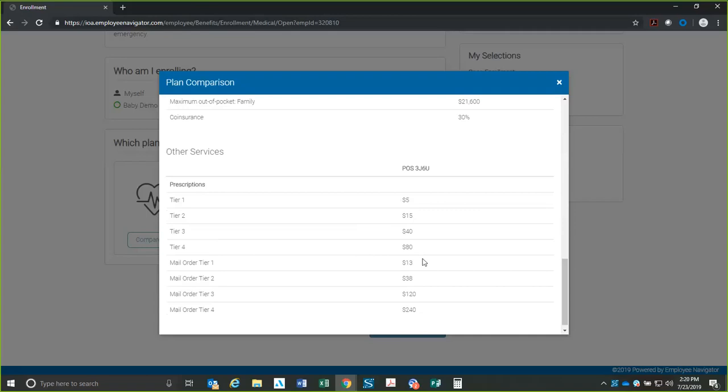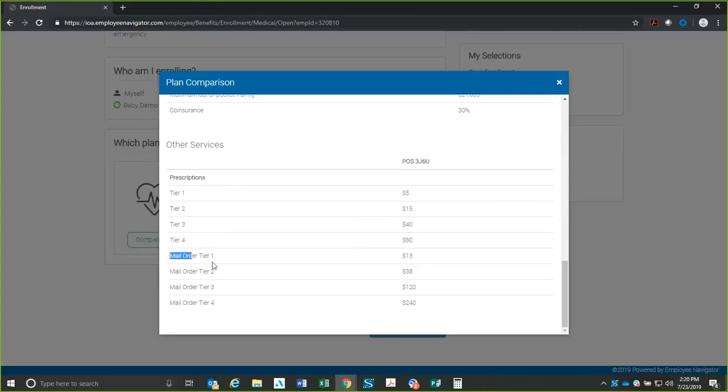And the nice part is if you have some routine medications that you're able to get through mail order, you get a 90-day supply for a discount. So instead of paying $15 for 3 months, you're paying $13. Instead of $45 for Tier 2, you're paying $38. If that's something you're able to do, it would be recommended that you submit for mail order. And we can help you with those too.